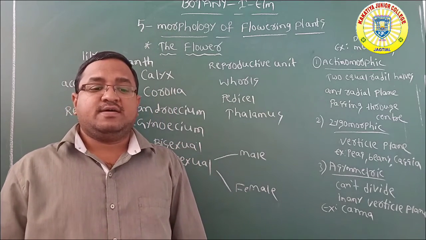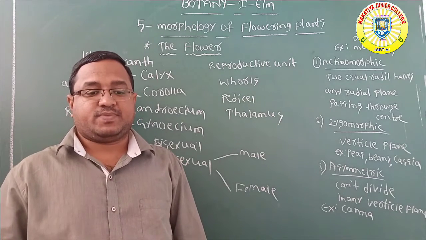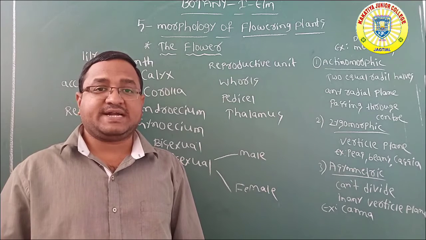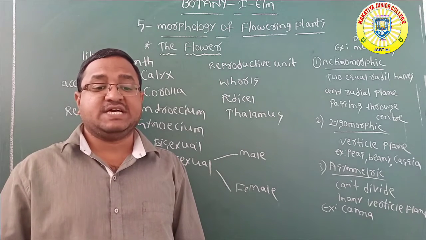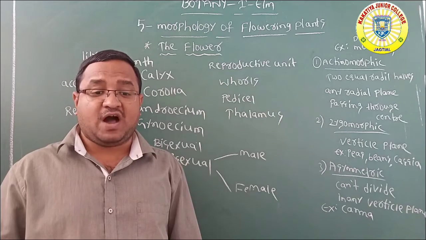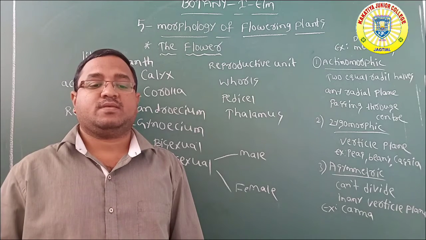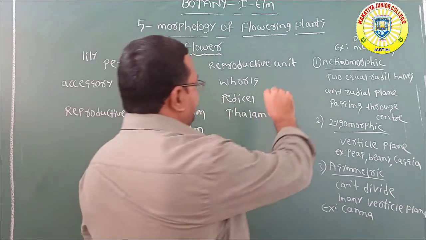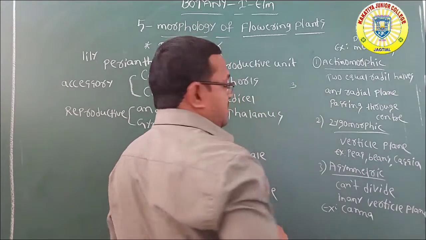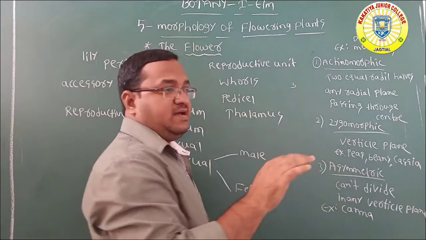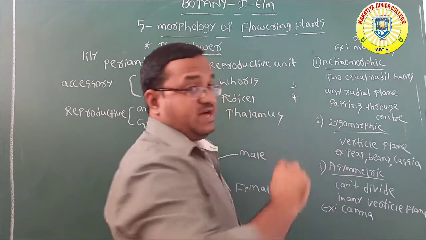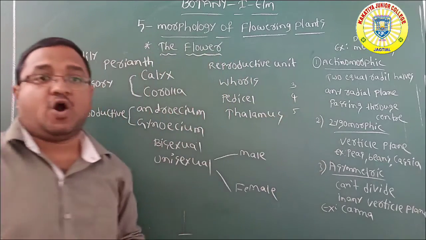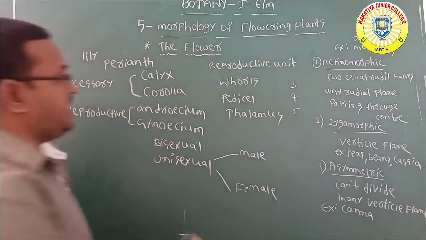For example, the flower may be trimerous, tetramerous or pentamerous, if the floral parts are multiples of 3, 4, 5. Suppose all the floral parts are in the number of 3, or all in the number of 4, or all in the number of 5. So based on this number, how many floral parts are there?